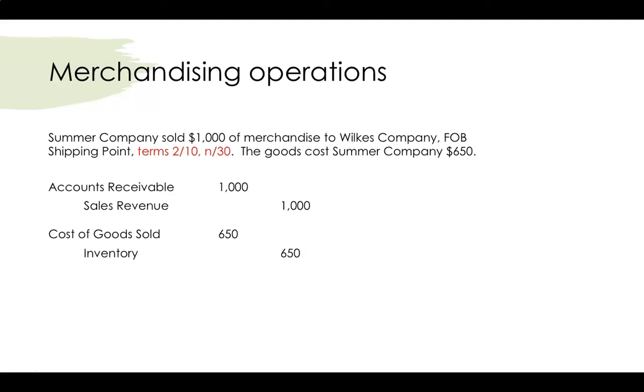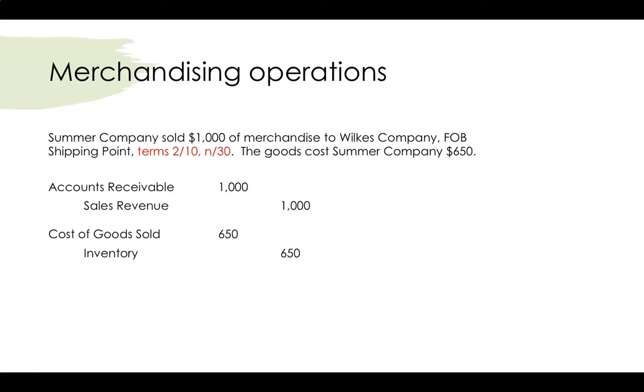Because what these are saying is that there's a 2% discount possible if they pay back within the first 10 days. That's what 2/10 means: 2% discount if they pay back within 10 days. Or they have to pay the net, they have to pay all of it within 30 days.